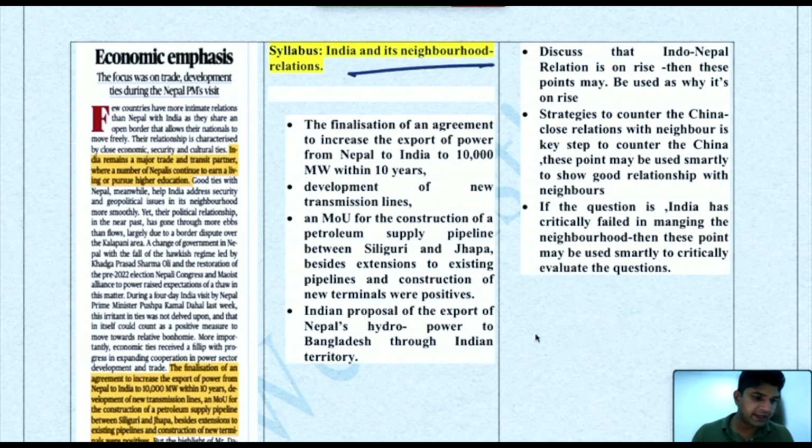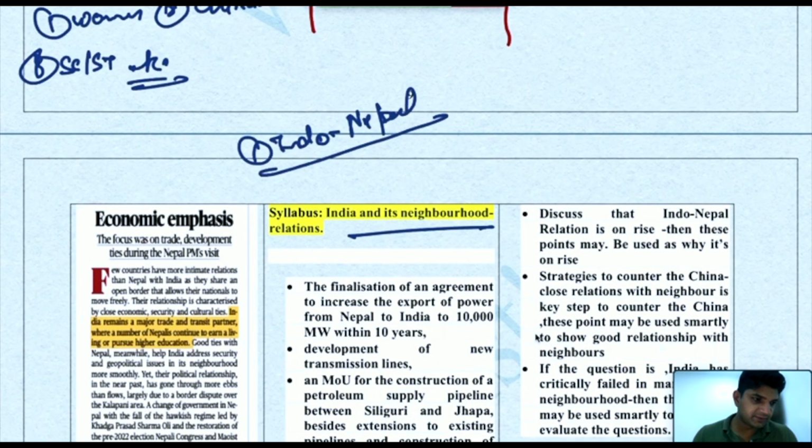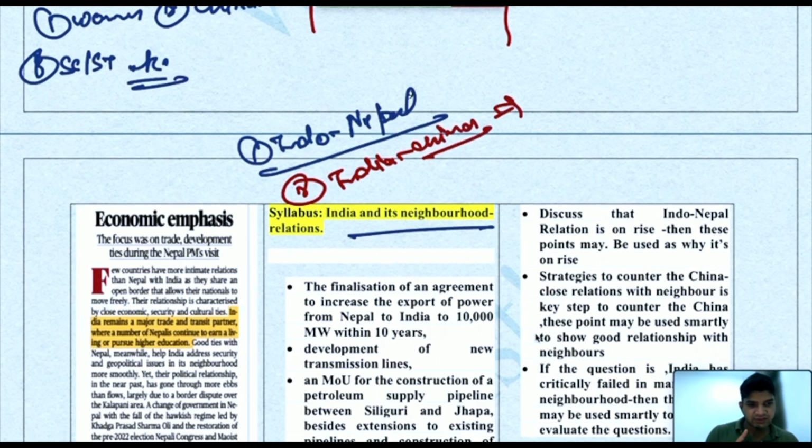There's this one topic, India and neighborhood in GS2. Recently the Nepal Prime Minister visited India, and we signed a lot of agreements. So it became important in the context of Indo-Nepal, which it will be anyway. Second, it will be important in the context of India and China. In countering China, we have one effective strategy, that is to balance our neighborhood.